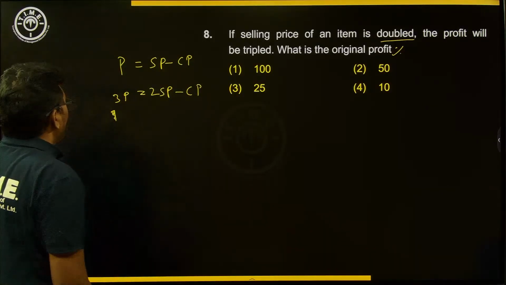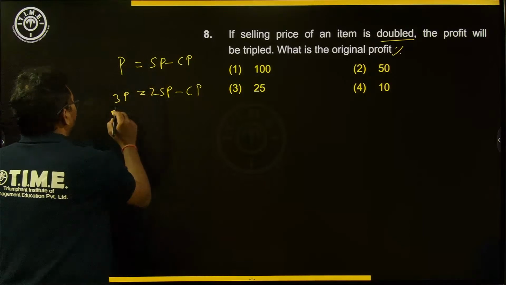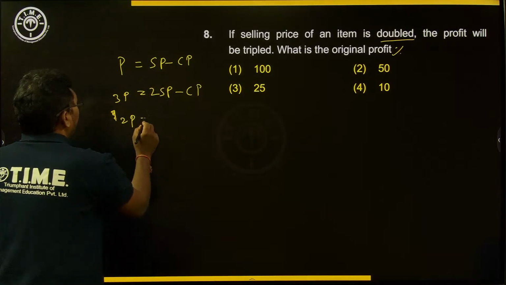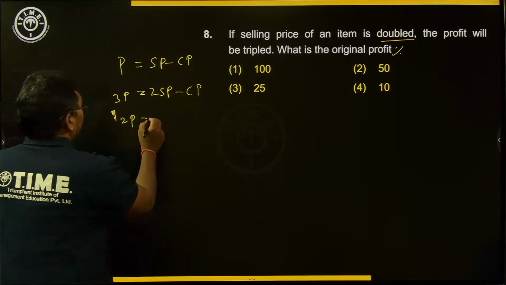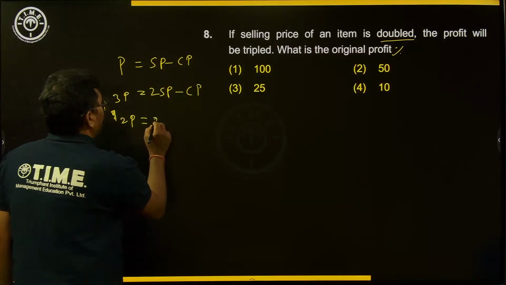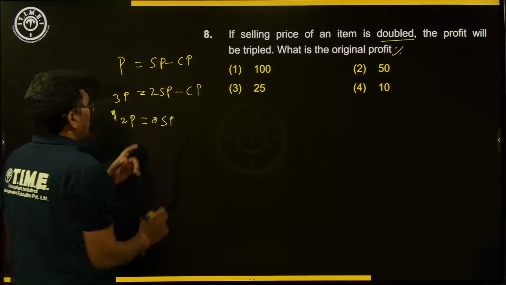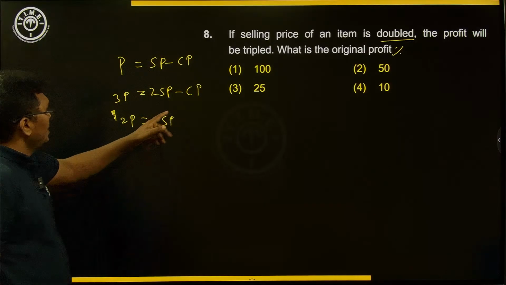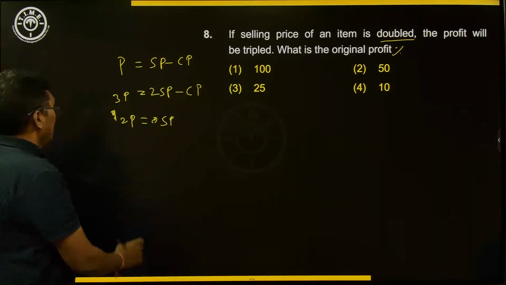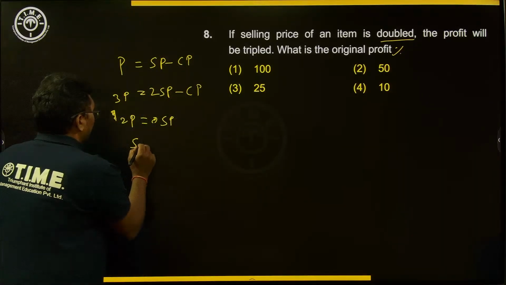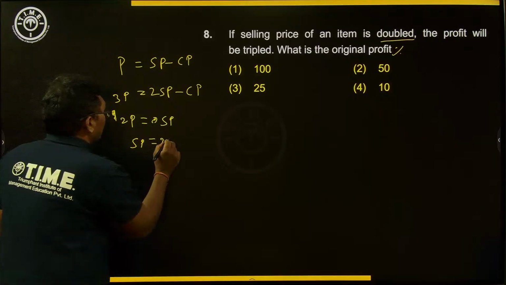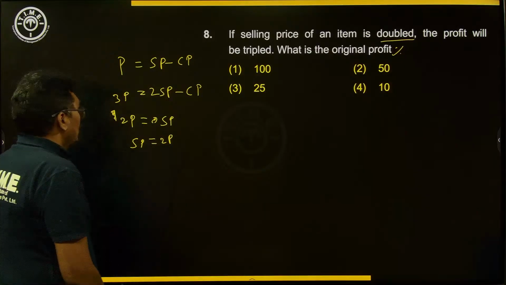Next, if you subtract these two, what will you get? 2P is equal to 2SP minus SP, and this will get cancelled. So SP is equal to 2P, right?